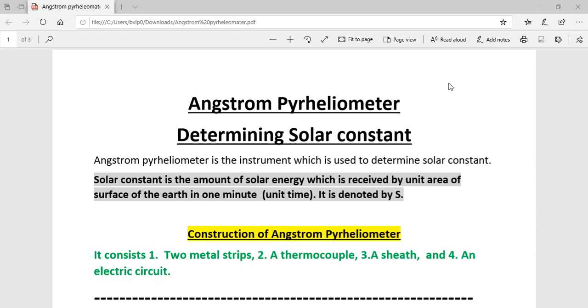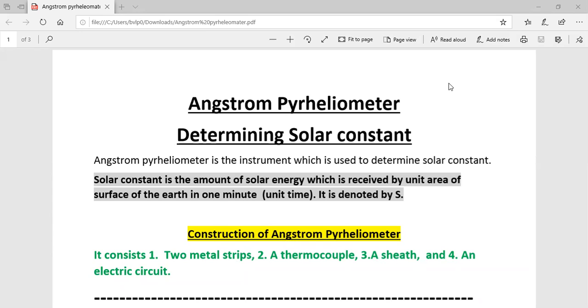If you calculate this value during the morning time, maybe from 9 to 10, and calculate the solar constant at the same place at a different time, that is at 12 o'clock, it differs. Because when the sunlight strikes the ground, the angle it makes with a vertical line is different at different timings and differs with the place also.